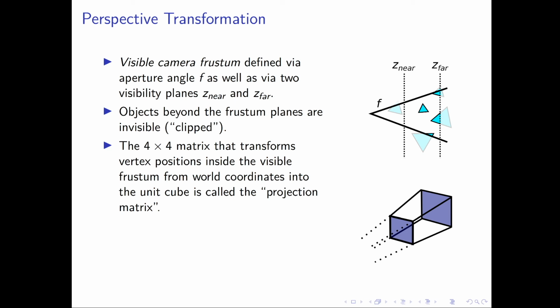We will now very briefly discuss how one constructs that projection matrix. In order to construct it, we will just consider the various transformations that vertex positions undergo when they are subjected to this transformation.